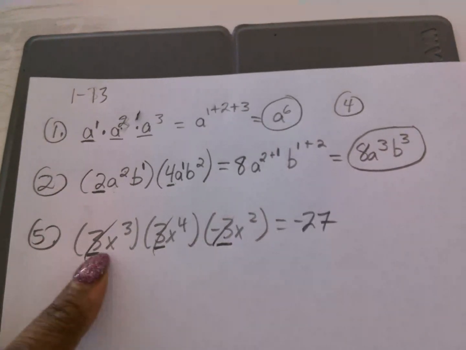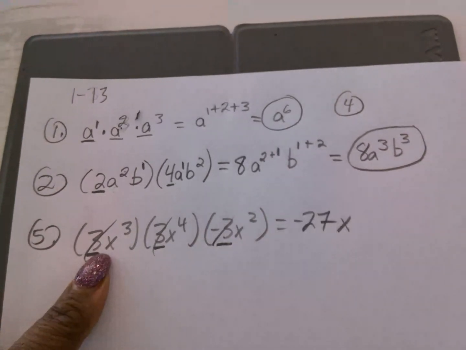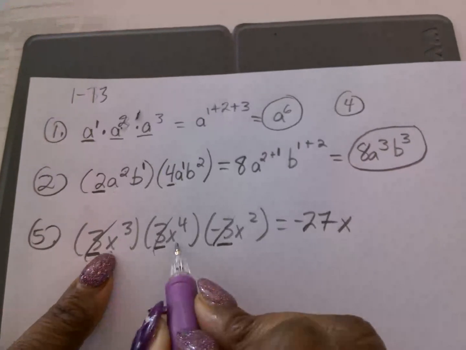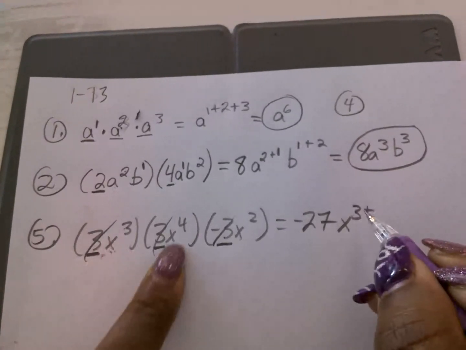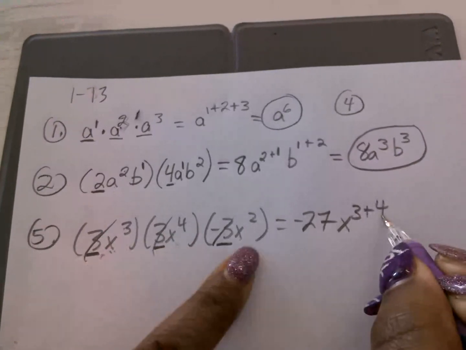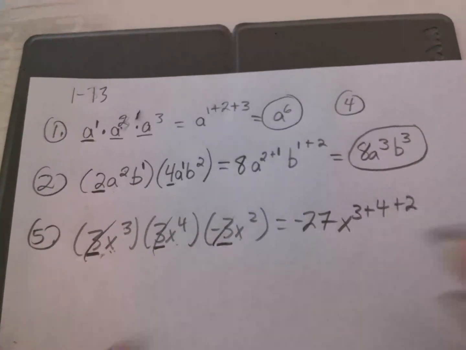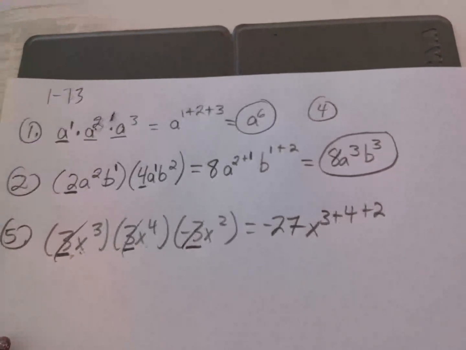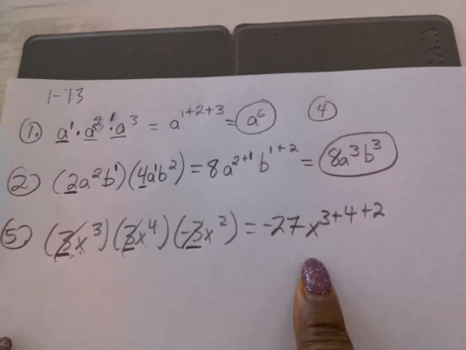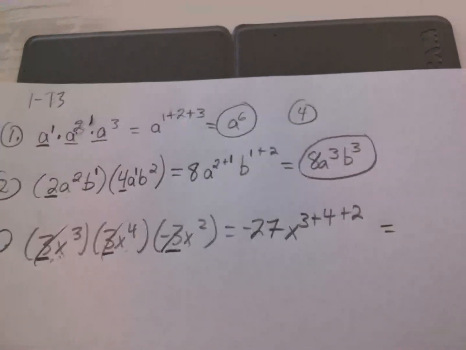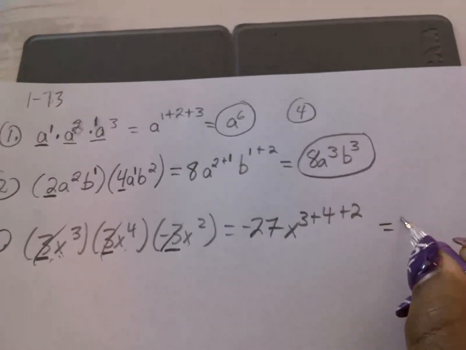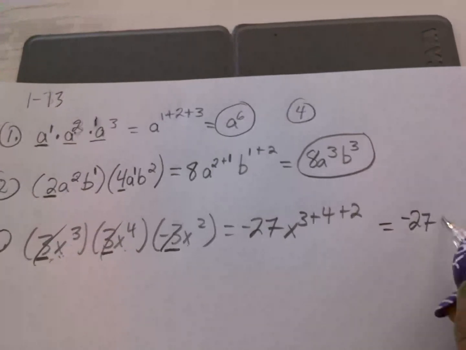So now let's go to the x's. All these bases here are x, x, and x. This is x to the third plus x is being multiplied 4 times here plus x is being multiplied 2 times here. Do you see what I did? Okay. So my final answer here, we have negative 27x to what power?